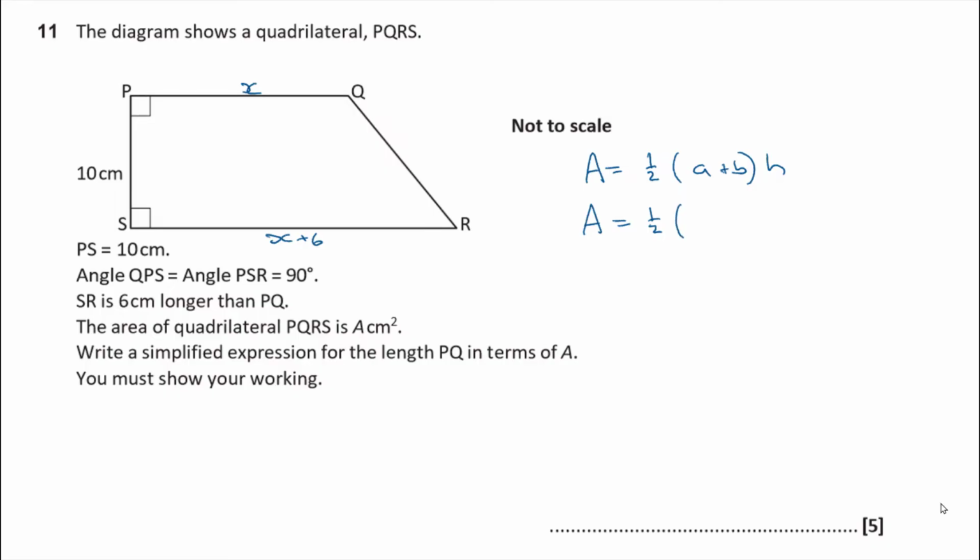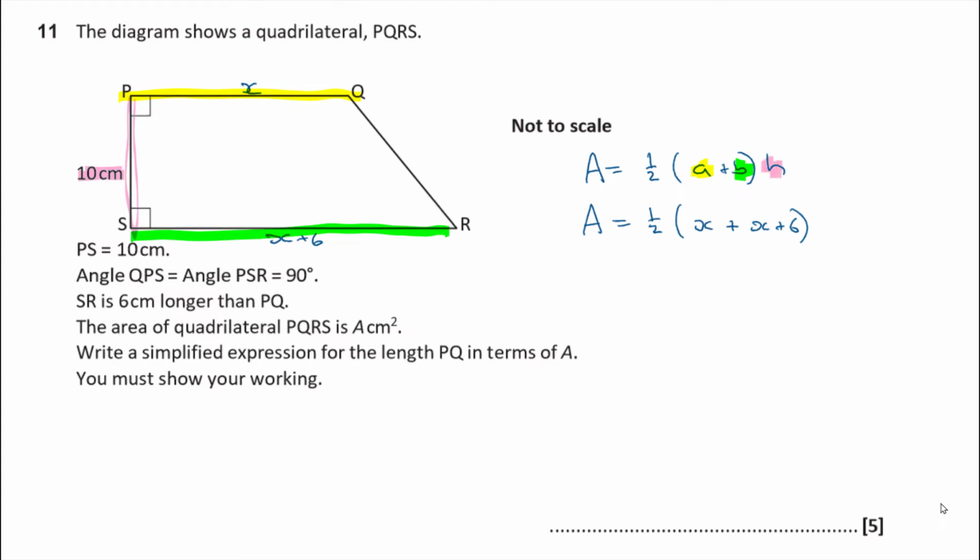That's half. Now side a was this side here, look, and we called that x. So let's call it x. Plus side b, we said that was this side here. So that's x plus 6. Okay, and then h, the distance between them, that's that distance, it's the 10 there, isn't it?